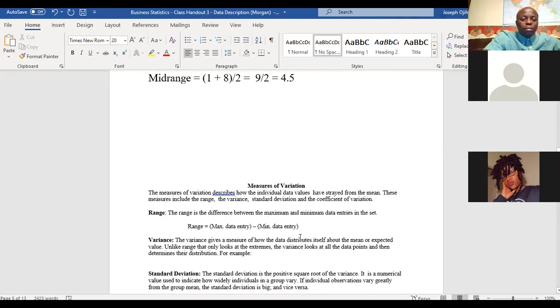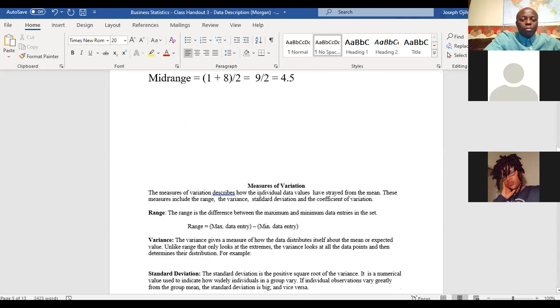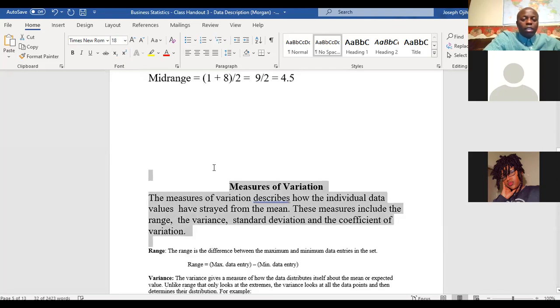So now we're going to look at the measures of variation. I'll introduce them so that probably on Wednesday we'll start working on those.